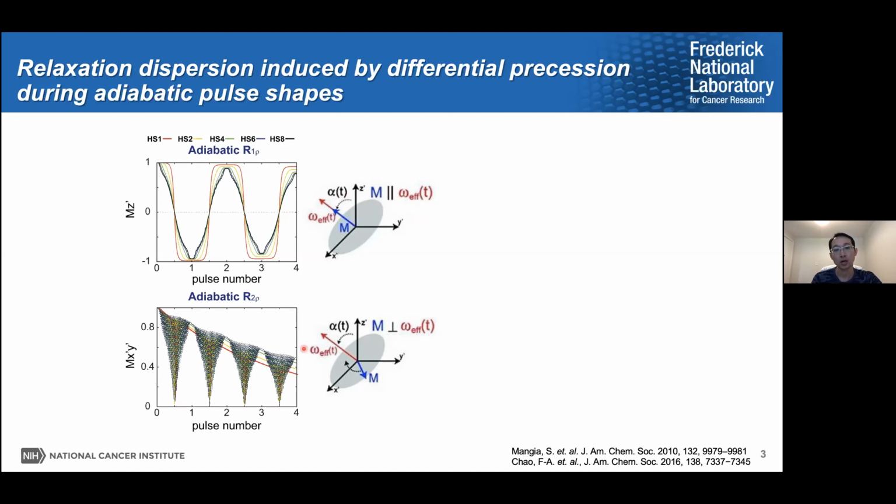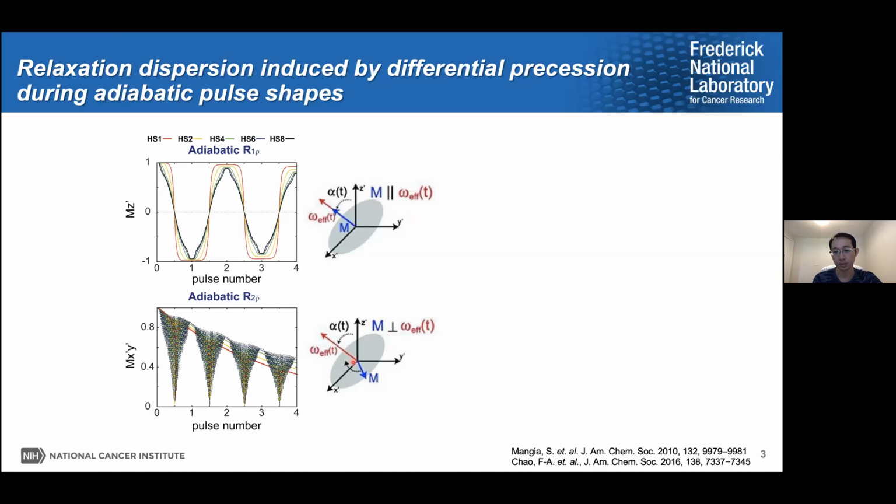Okay, then what is adiabatic R2 rho? Actually, you start with the magnetization on the plane in the laboratory frame. Then you start to apply the adiabatic pulse. So your magnetization is always perpendicular to your effective field.